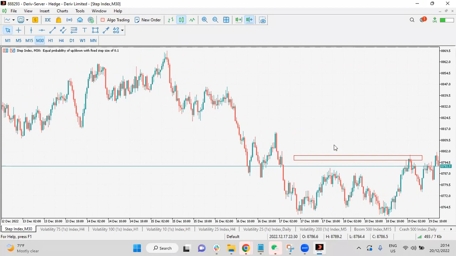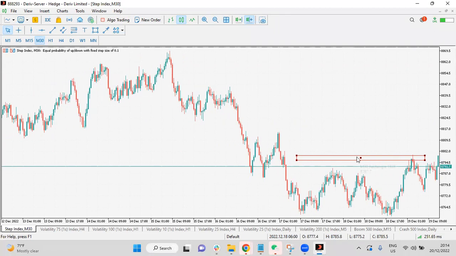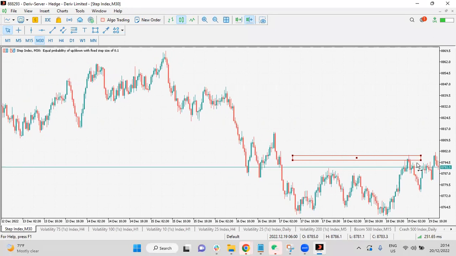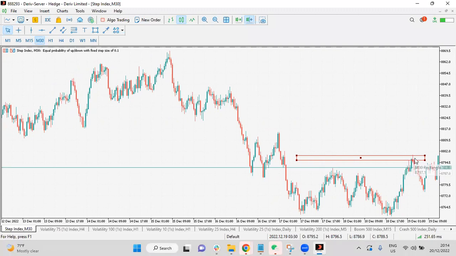What happens is, when price gets to a previous low or a previous high, like this level, most often it will react. So one of the ways of identifying simple entries is just look at previous highs or previous lows.